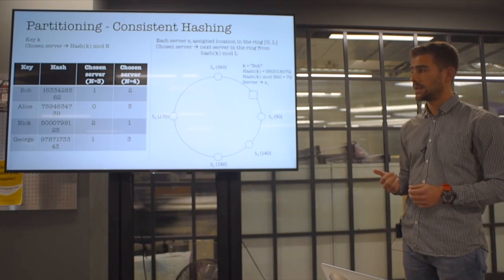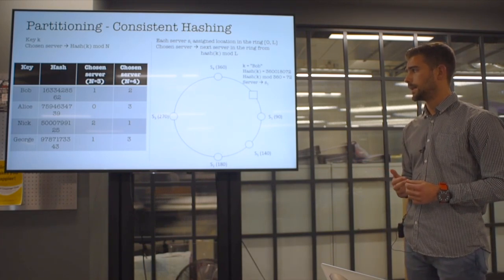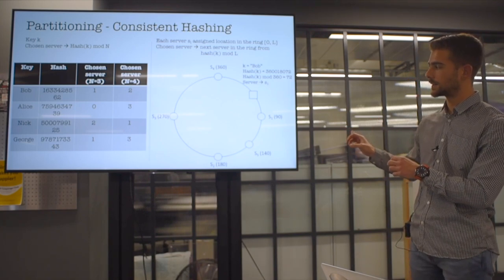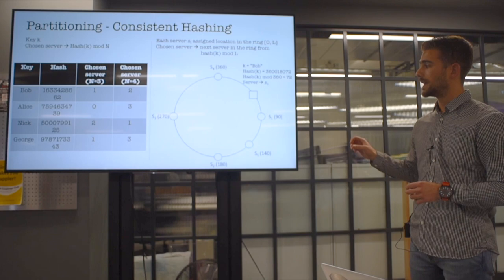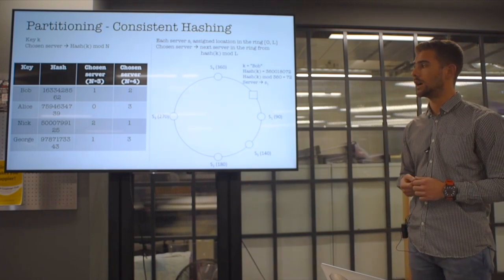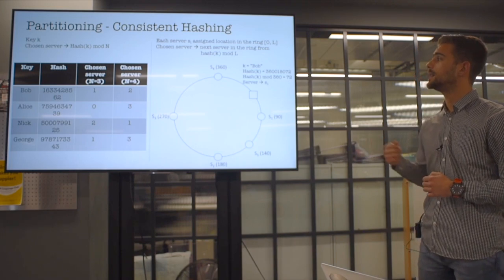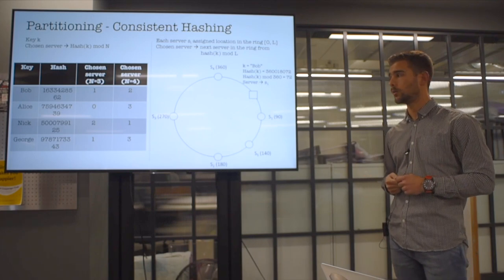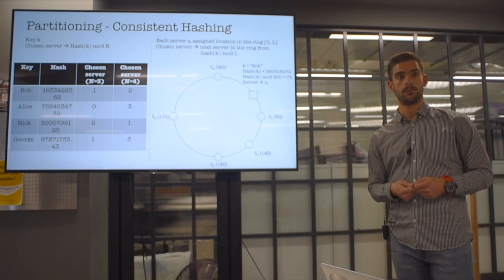Another problem that comes in here is that it can get quite unbalanced, right? So what they did to improve that is, instead of having real nodes, they had what they called virtual nodes.